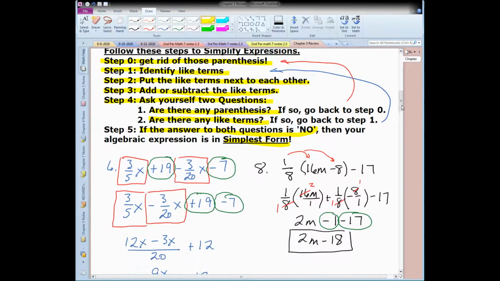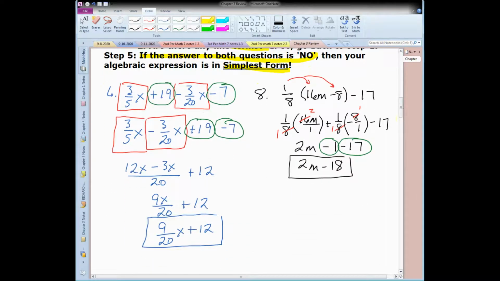Okay, so let's look at a couple examples I did. Number 6 on the left. So step 1 or step 0, I don't need. There were no parentheses. So I just move on to step 1. I identified my like terms. 3/5 x, -3/20 x, they're like terms. And then these 2 constants, +19, -7, those are like terms.